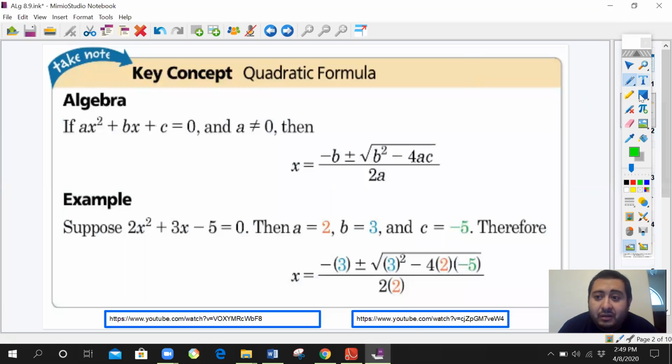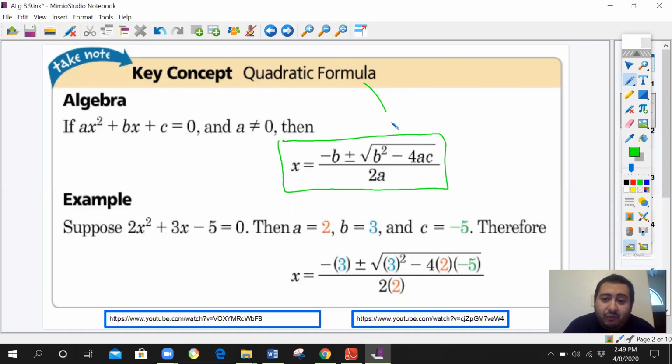So the main focus for this lesson is the quadratic formula. Now, if you have ax squared plus bx plus c equals 0, and a is not equal to 0, then you can apply this quadratic formula. All of this is going to be considered your formula. So let's suppose you have an example: 2x squared plus 3x minus 5 equals 0.